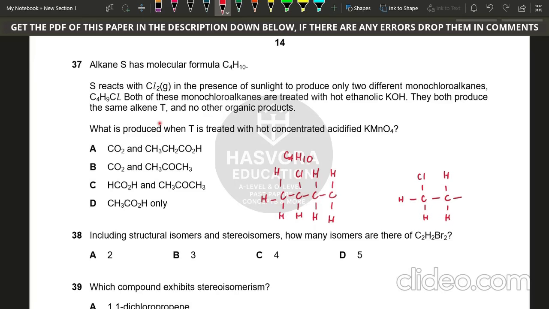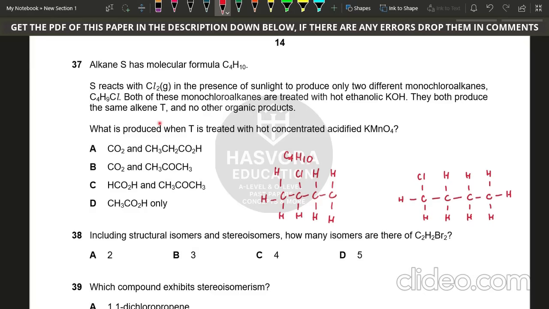So we will start the naming from this side, and it will be 2-chloro. Let me complete the number of hydrogens. In this case it will be 1-chloro. These are the two different monochloroalkanes that can be produced, which is C4H9Cl.